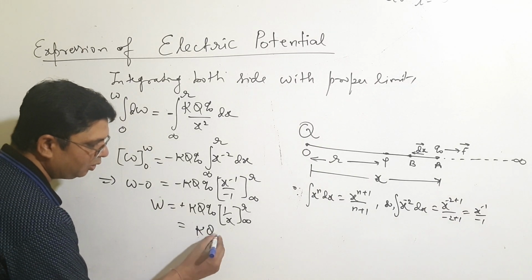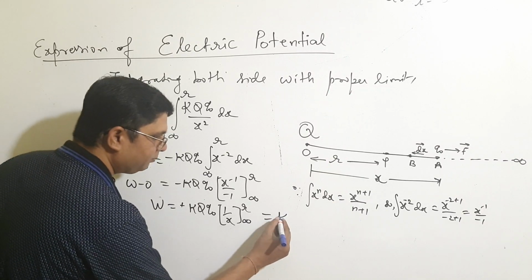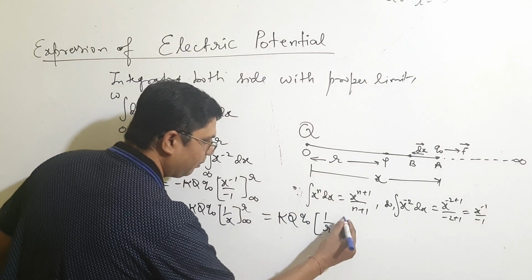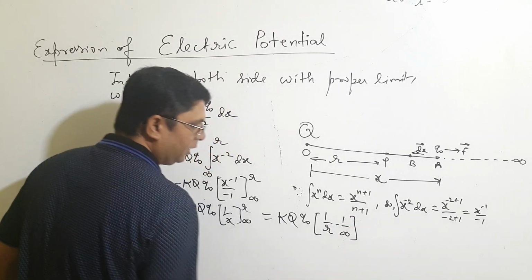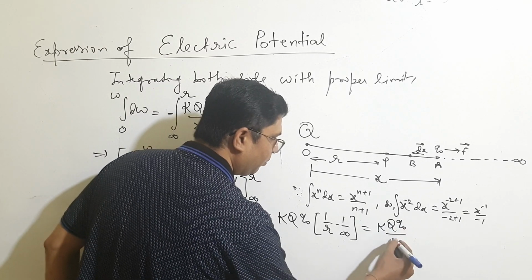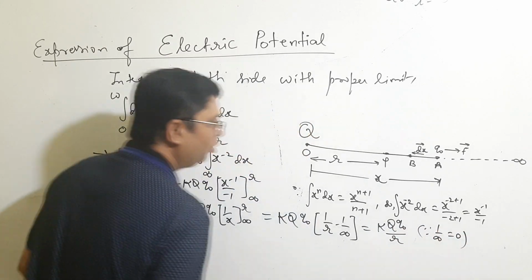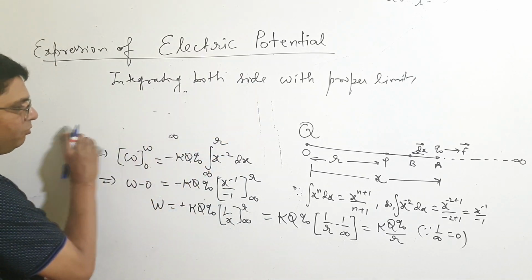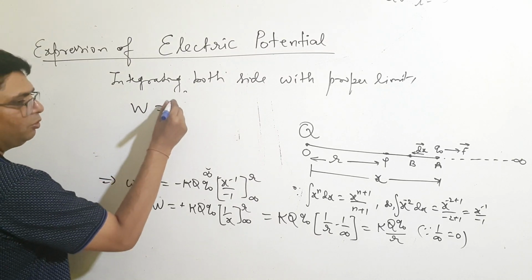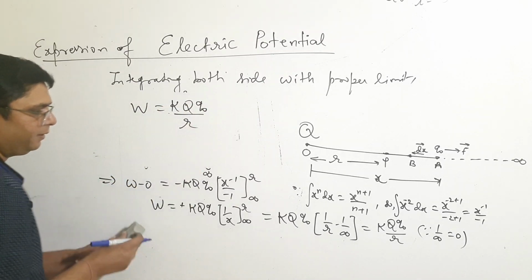So W equals K Q Q naught times, putting the values, 1 by R minus 1 by infinity. This equals K Q Q naught upon R, because 1 by infinity equals 0. So the value you find for work is W equals K Q Q naught upon R.